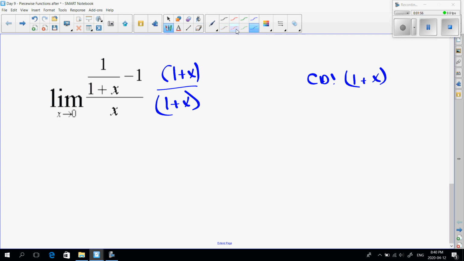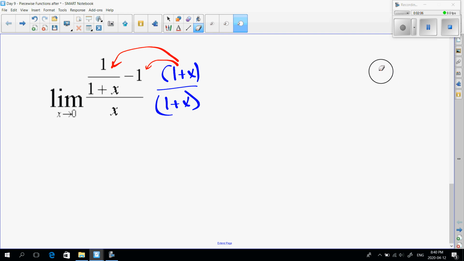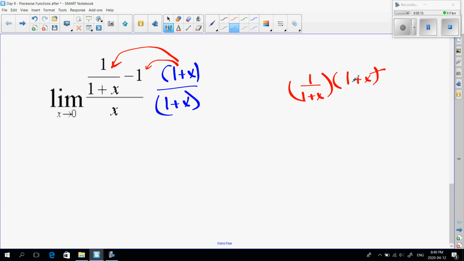Keep in mind, when I multiply the numerator by 1 plus x, I have to multiply both of these terms. The first term, 1 over 1 plus x times 1 plus x, well, these would cancel, and it would leave me with a 1.